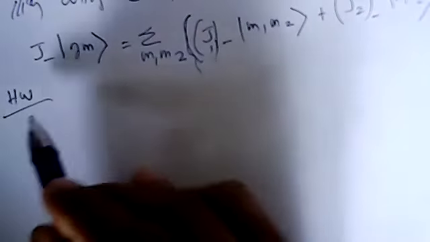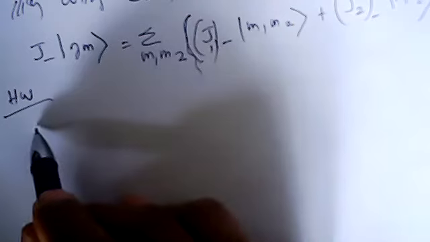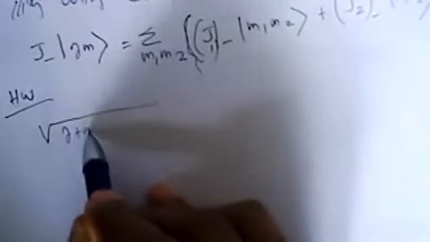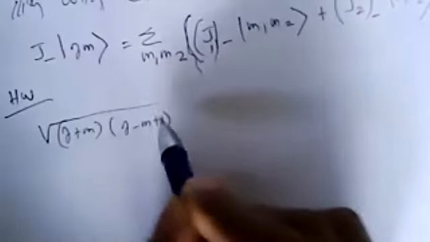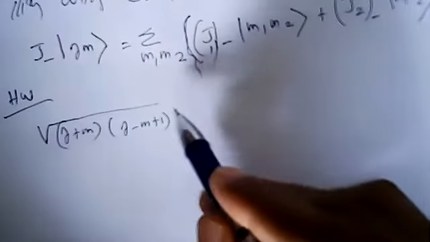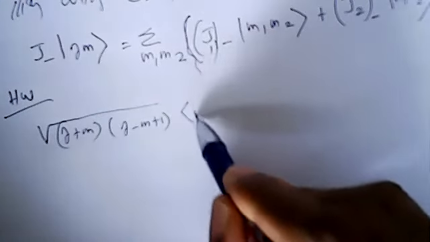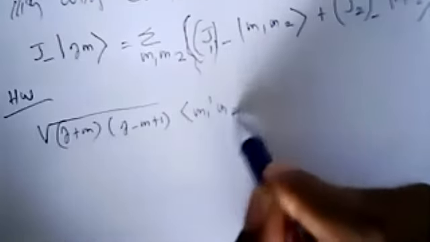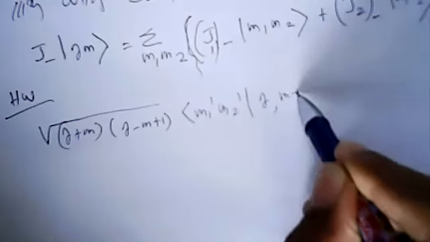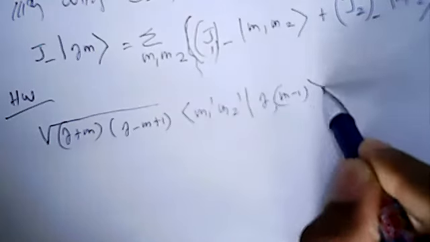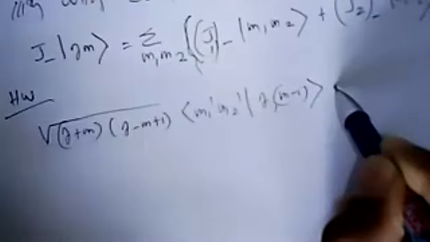So the result will be, I am writing the result, root of j plus m into j minus m plus 1. H cross is there everywhere, I am neglecting h cross. Then m1 dash m2 dash, j m minus 1, that is the left side, equal to.